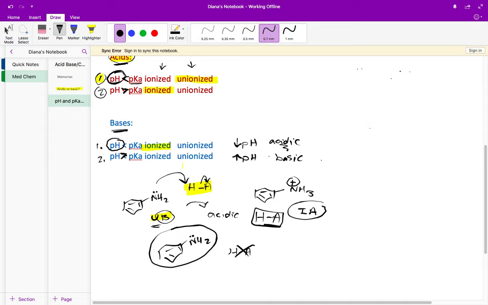Sorry, it's really hard to say. All right, so when the pH is less than the pKa, when we're talking about a base, that's putting a base in an acidic environment, and so that means we're going to end up with a primarily ionized form as the dominant form. And then here in number two, when the pH is greater than the pKa, we're putting a base in a basic environment, and so it's going to stay unionized. In other words, it's going to remain as is.